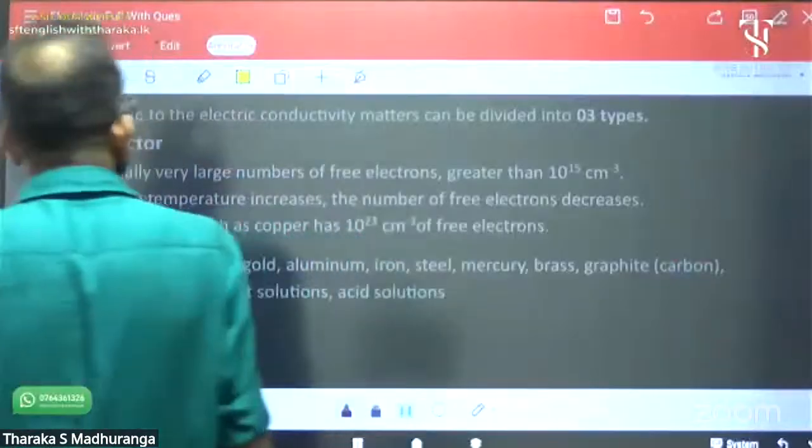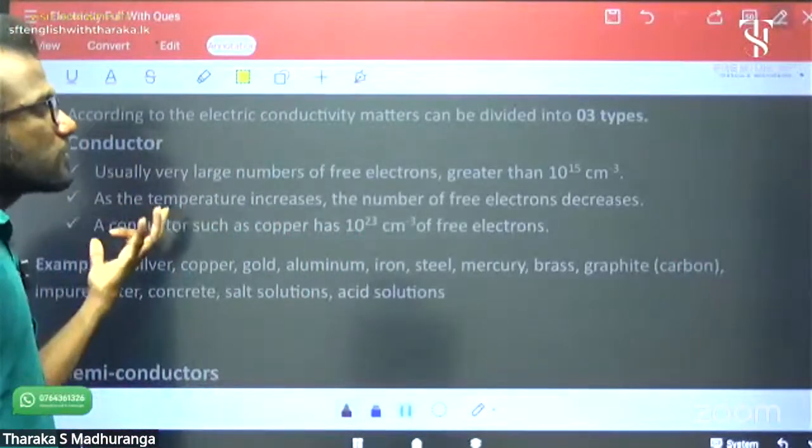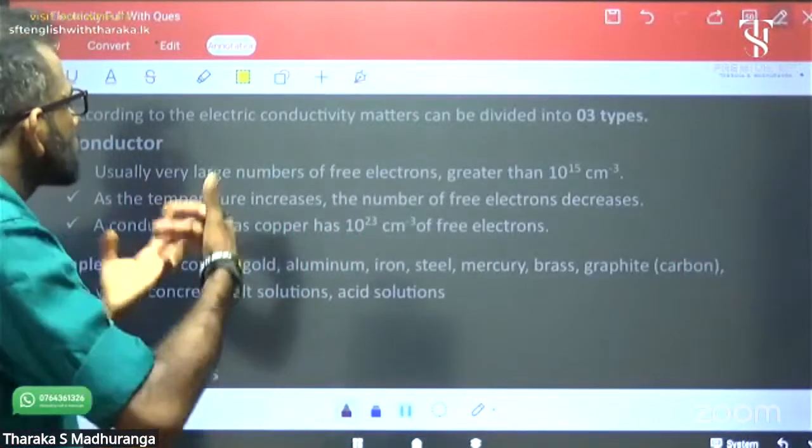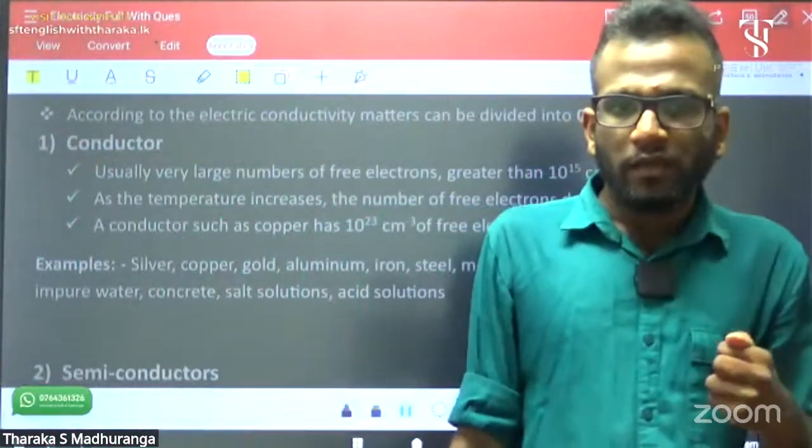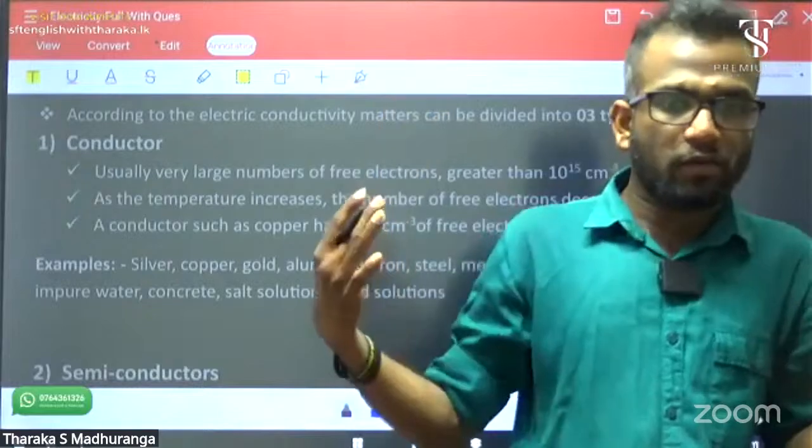Okay, what is the meaning of conductors? Conductors usually have a very large number of free electrons, that we already discussed, no? Very large number of free electrons.